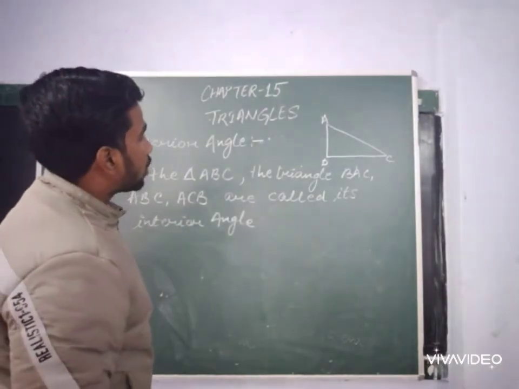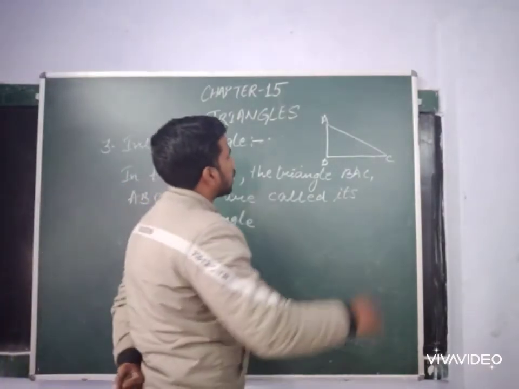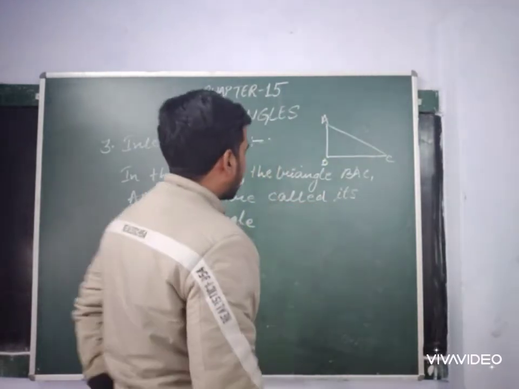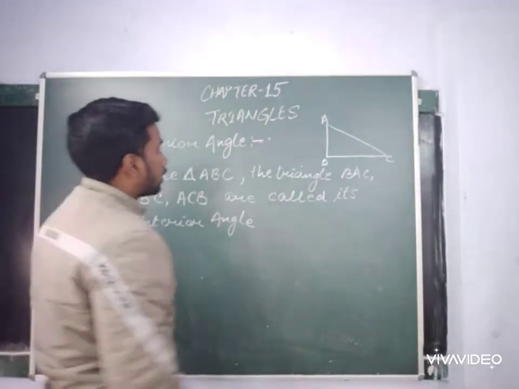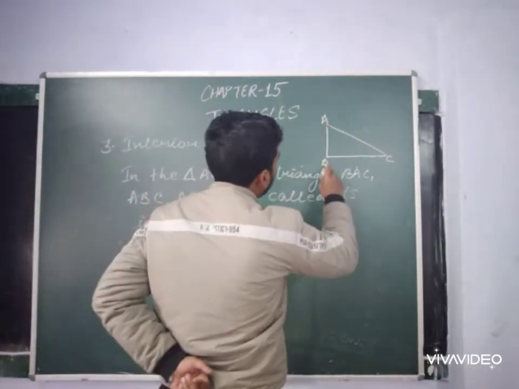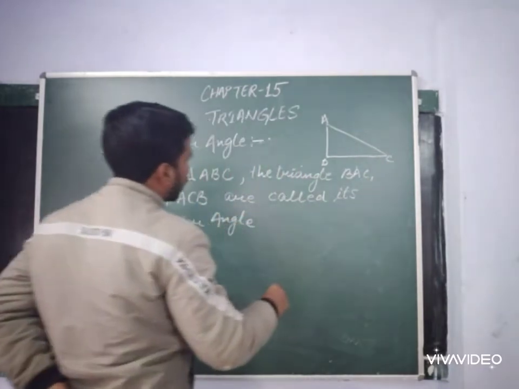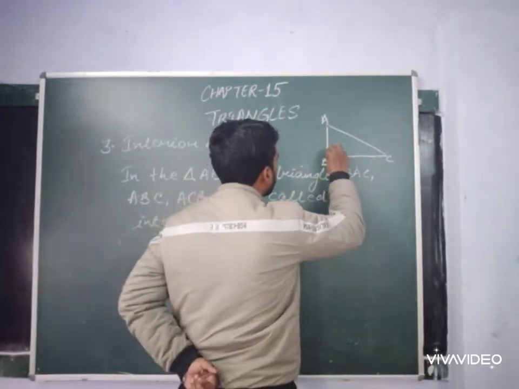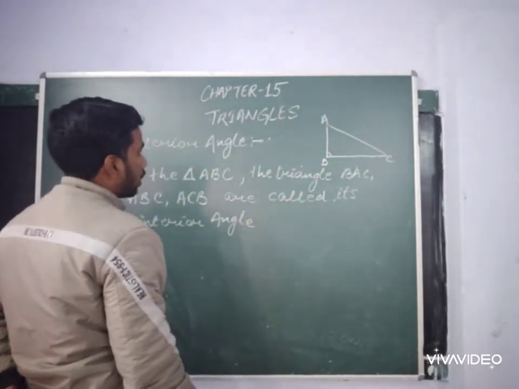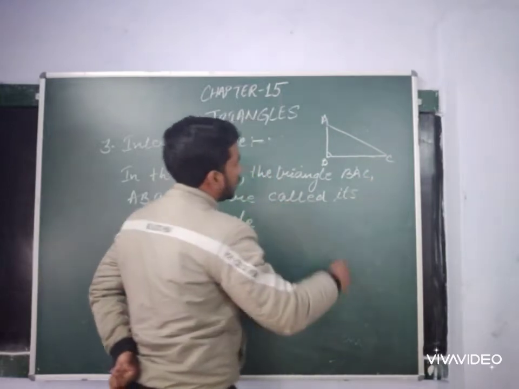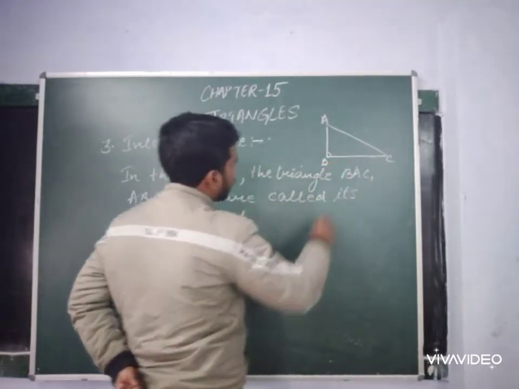Why? Because they are lying inside this triangle ABC. Suppose we take angle ABC, the angle is forming at B. Clear? Now if we take angle BAC, then also it is inside this figure.